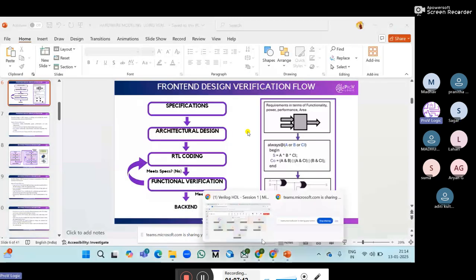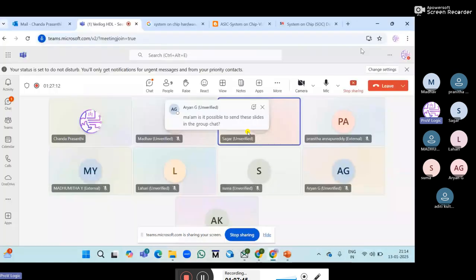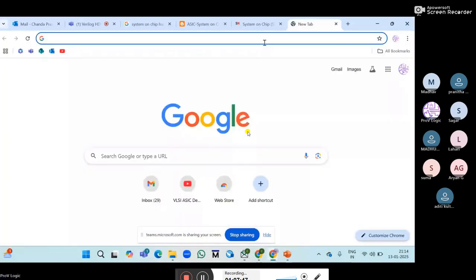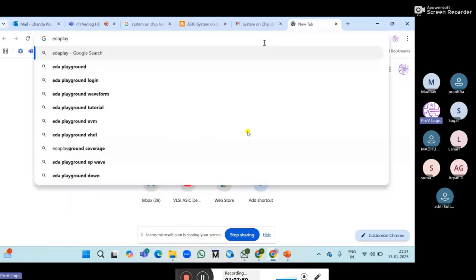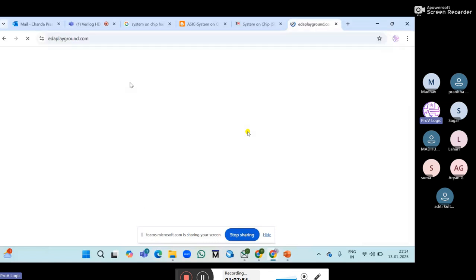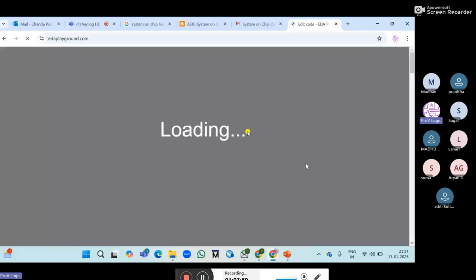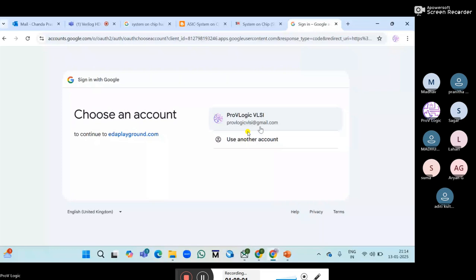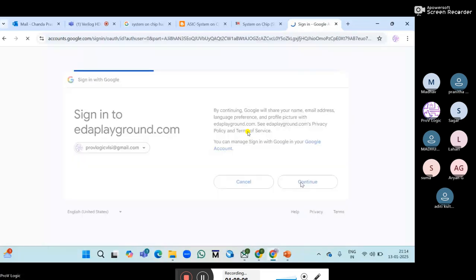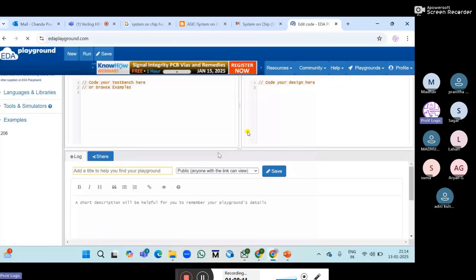For simulation, you can also use an online tool called EDA Playground. In Google, you can open edaplayground.com. Here you can do only simulation. In the coming sessions, I will tell you how to do the simulation. Mostly I will use EDA Playground only. Why?